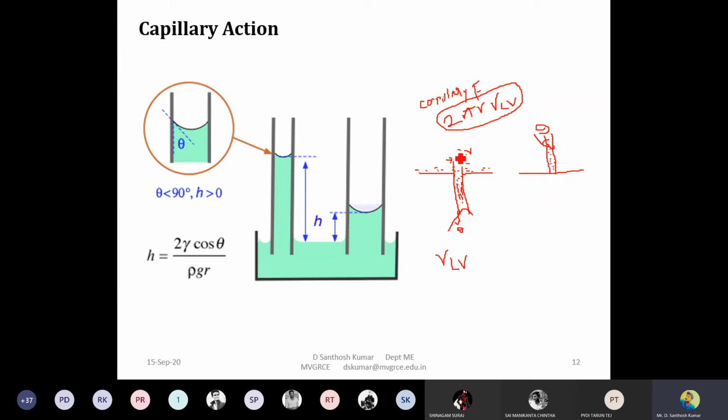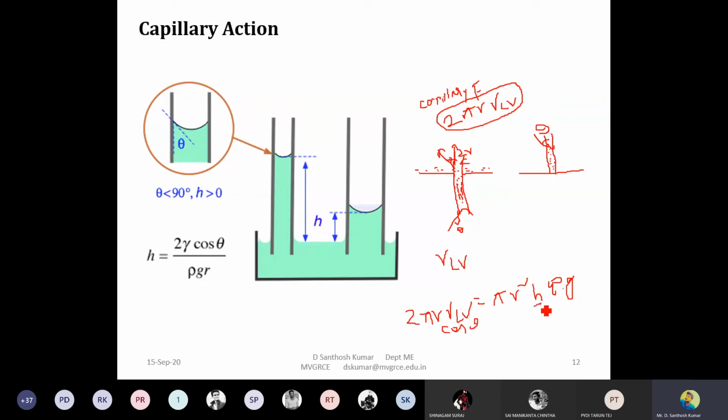Then you can simply go for the equation. That is 2 pi r gamma LV equal to pi r square h, where the liquid density is rho and gravitation is g. Here the cos theta comes in because this is theta, and this is the capillary force 2 pi r gamma LV, and in this direction you get 2 pi r gamma cos theta.